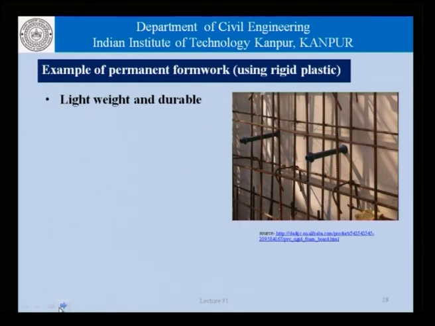Here we are talking in terms of an example where a rigid plastic sheet is being used as a permanent formwork, and we can see normal reinforcement here and these kind of anchors which are going to help the formwork remain as part of the concrete construction. So, as far as rigid plastic sheets are concerned, they are lightweight and durable.